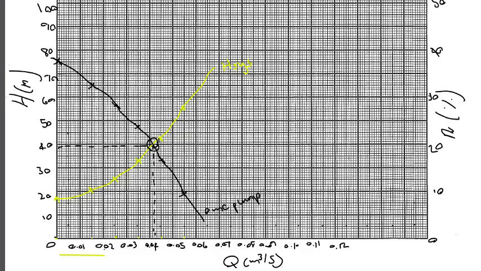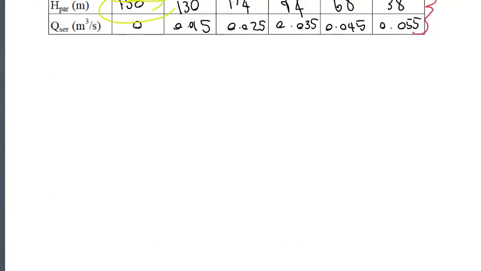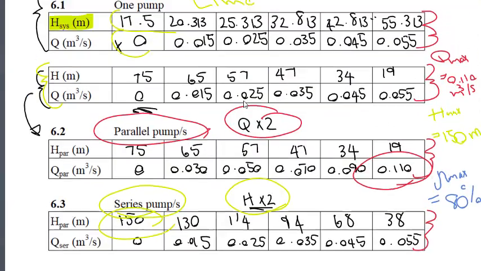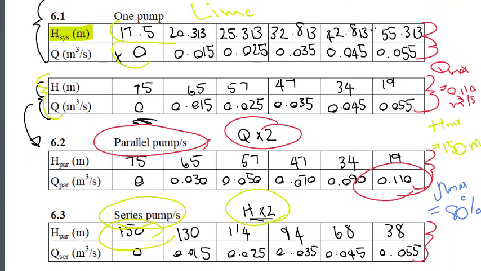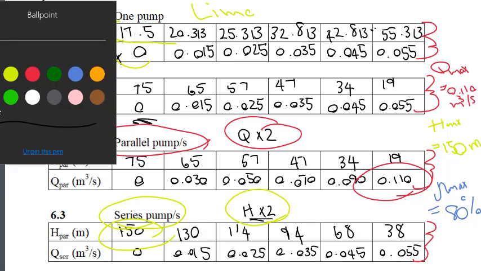Okay, so we've plotted the H system curve and the pump characteristic curve for one pump. Okay, so let's move on. So if we go and look at our data, for pumps in parallel, this is what you will have to plot. We will have to plot 6.2, where we have our values for the pump in parallel.